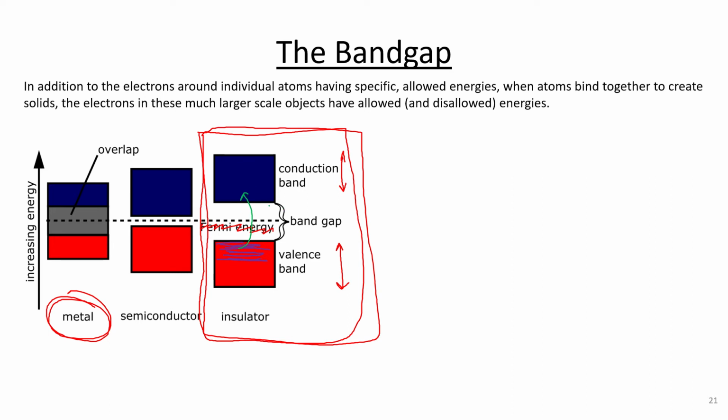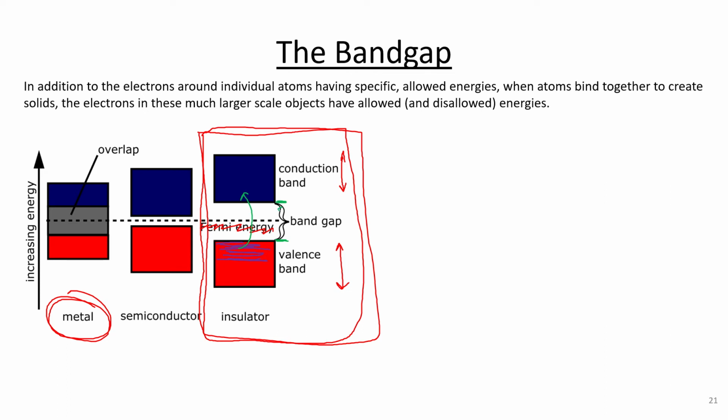Right? And this difference in energy between the top of the valence band, where the electrons are bound to the atoms tightly, they're not going to go wandering off through the material and they're not free to move, and the bottom of the conduction band, being the lowest energy state where an electron, if it occupies that state, can freely move through the material.